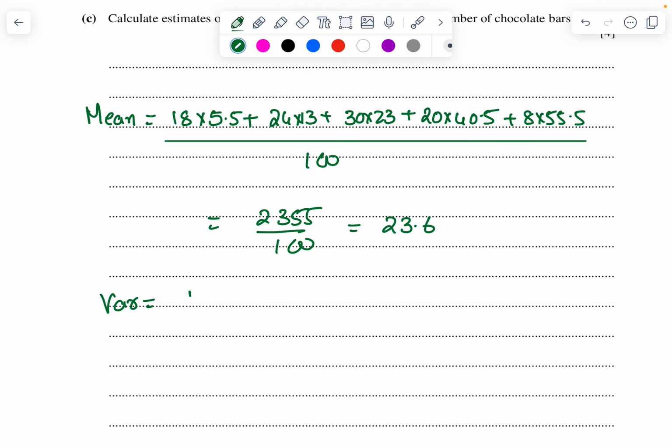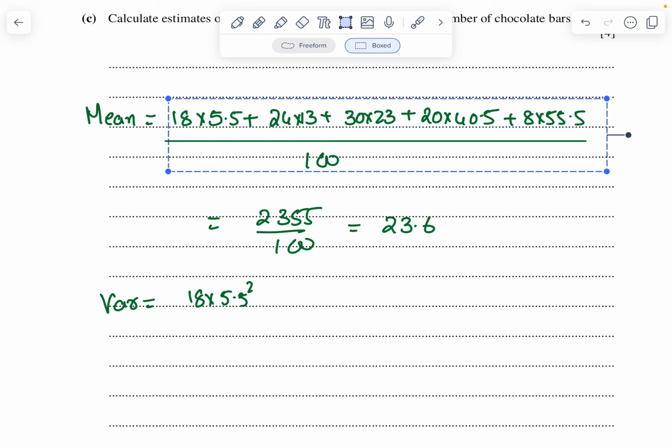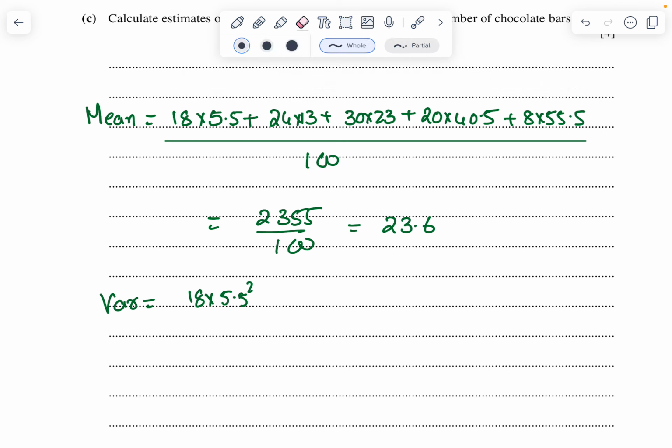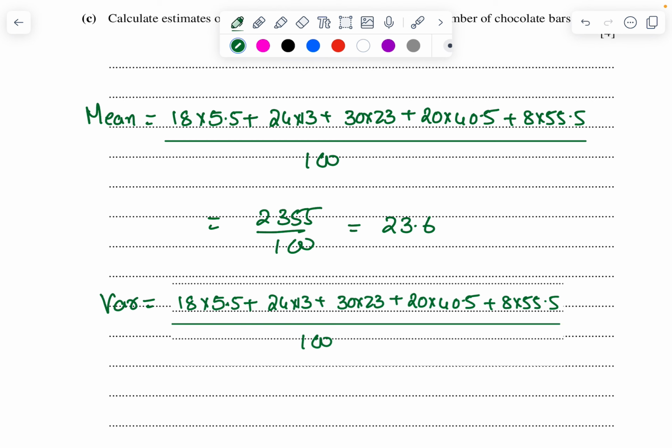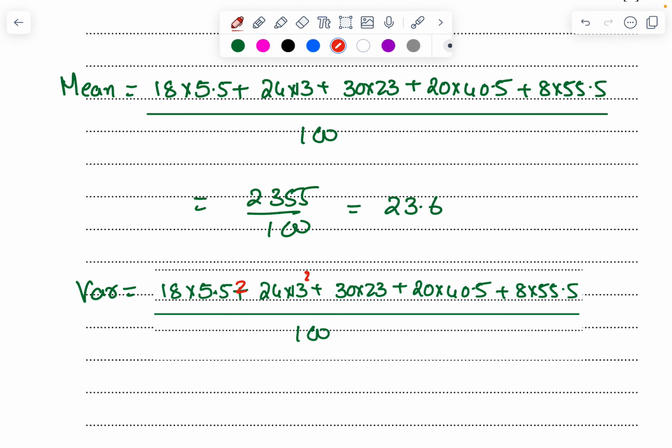For variance, it is 18 times 5.5 squared, and I copy this entire thing over here and do the squares: 5.5 squared, 13 squared, 23 squared, 40.5 squared, 55.5 squared, minus mean squared. Mean is nothing but 23.6 whole squared.